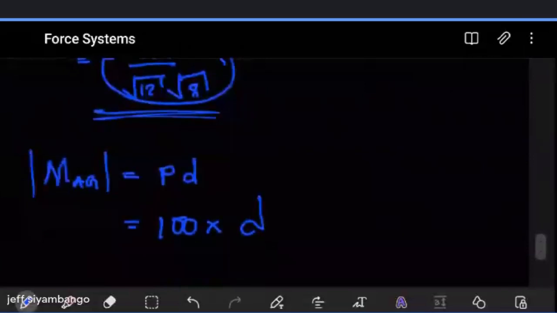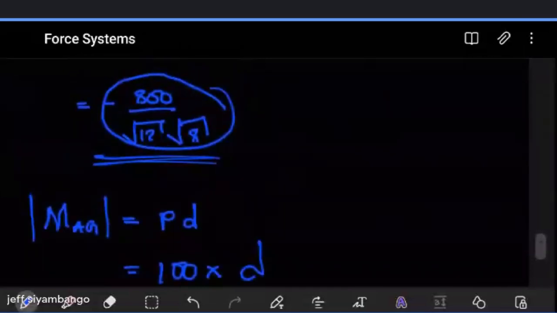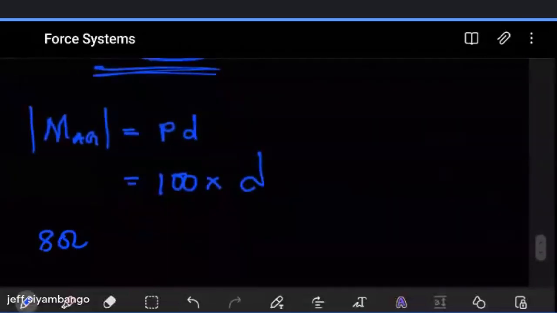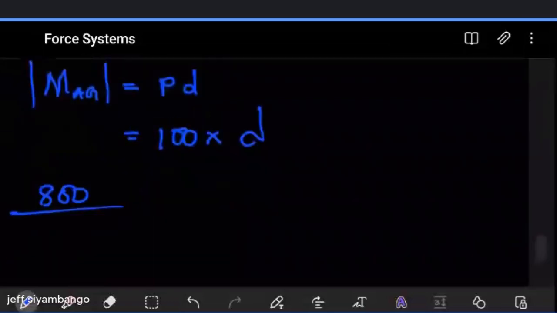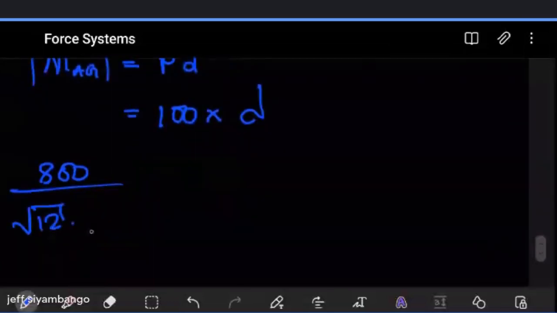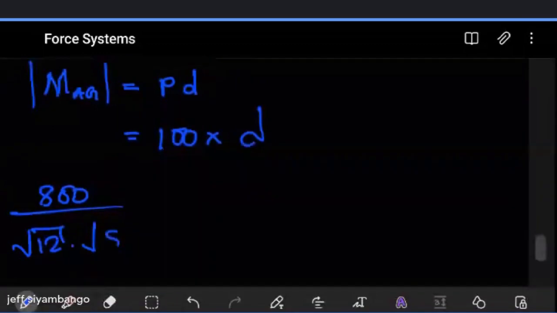So we would be able to just say that the moment, which is 800 divided by root 12, then root 8, this will have to be equal to just 100 times D, yeah?